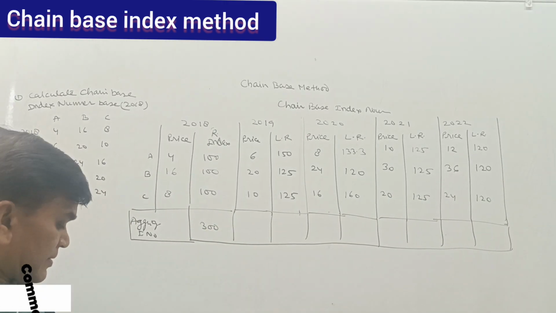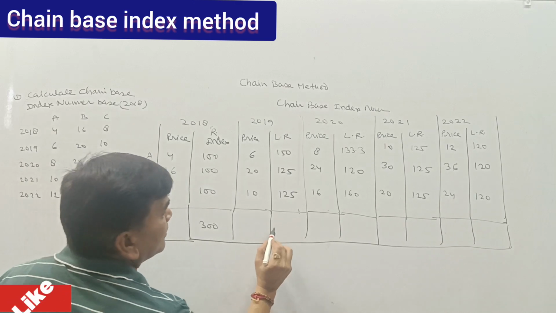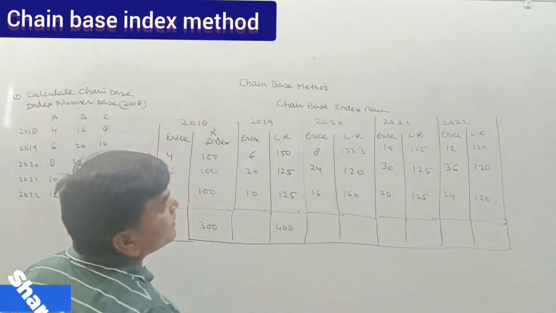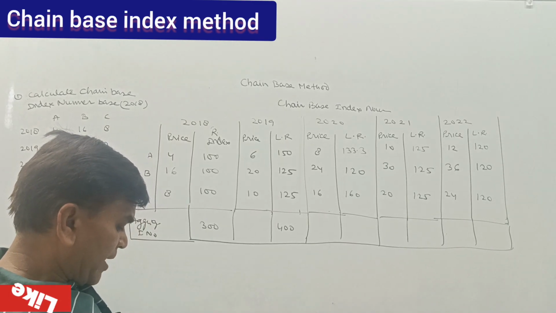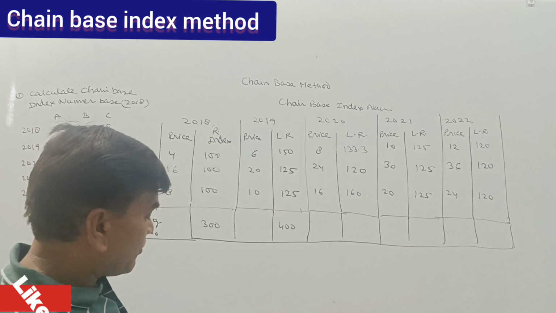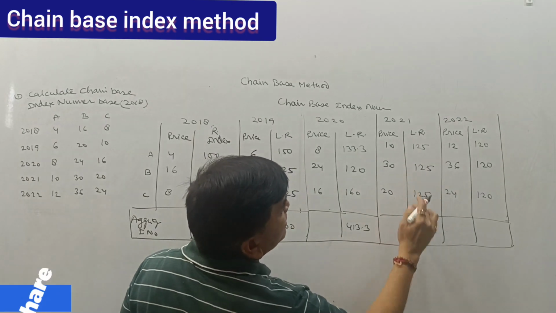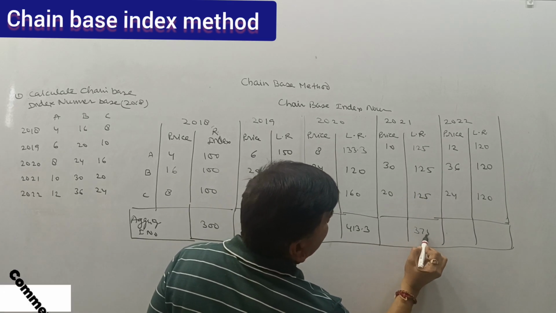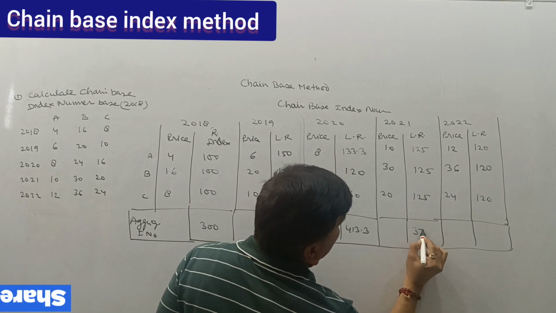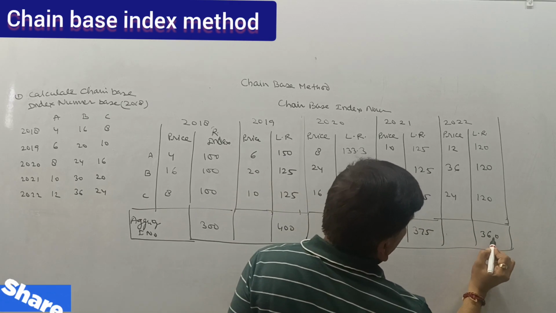Second one is 250 plus 150, that is 400. Third one, 280 plus 133.3, that is 413.3. Addition of this is 375 and addition of this is 360.